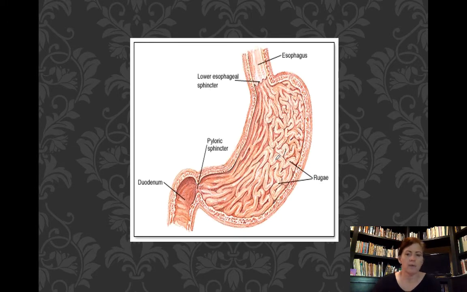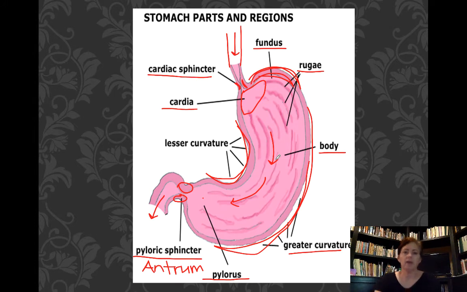So the stomach does have 3 layers of muscle, and we talk about that in lecture, but it's got longitudinal, circular muscle, and oblique muscle. So we've got these muscle fibers running in all these different directions that are going to be responsible for all this churning in the stomach. It's going to change the consistency of our food into what's called chyme.